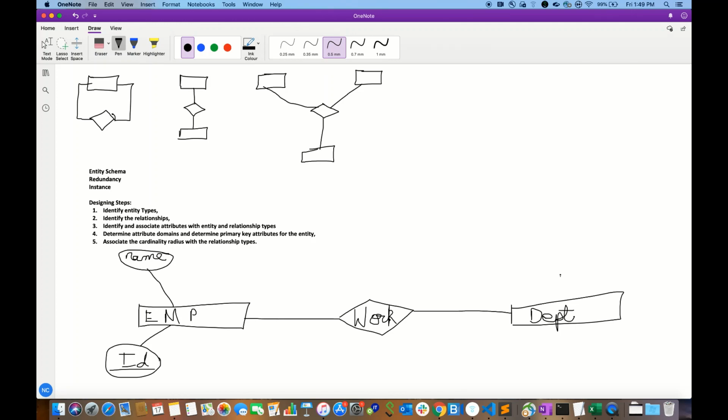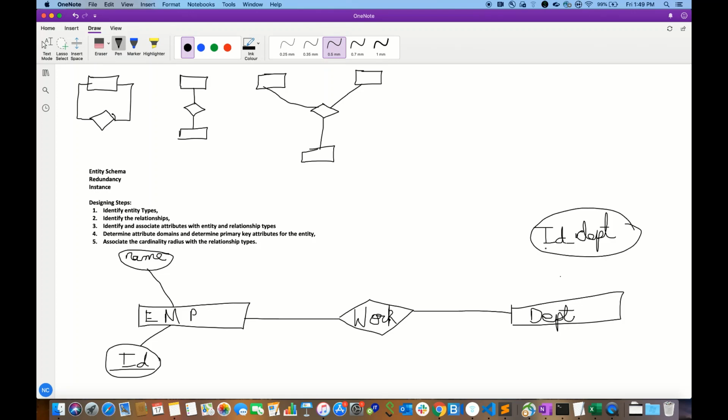And the department will have one attribute named as the ID of the department. To make it very clear, I will write ID underscore department, so you might not get confused between the ID of the employee and the ID of the department.